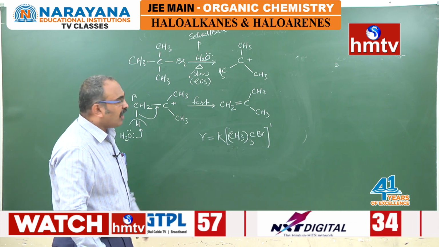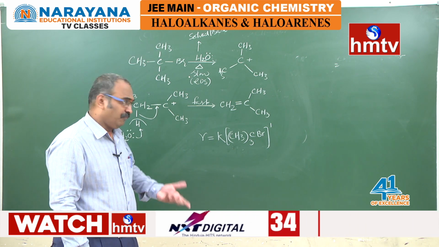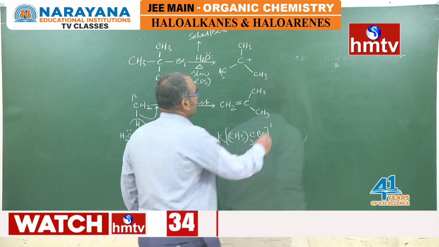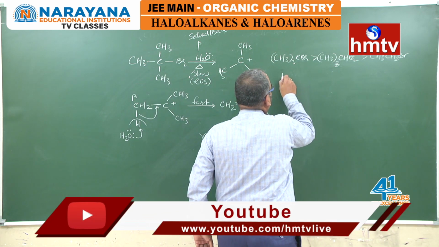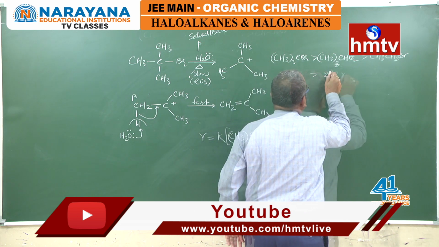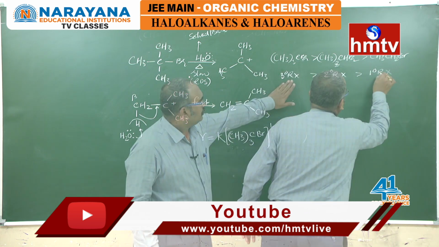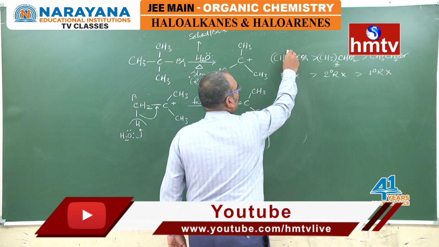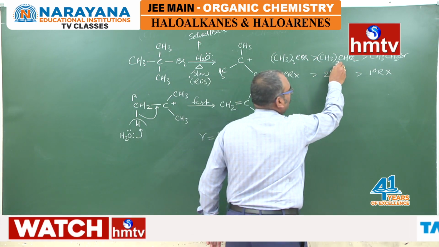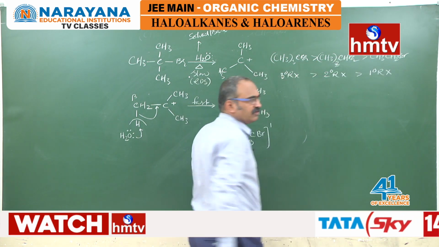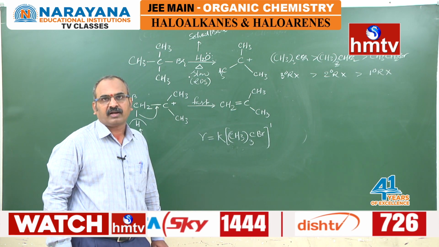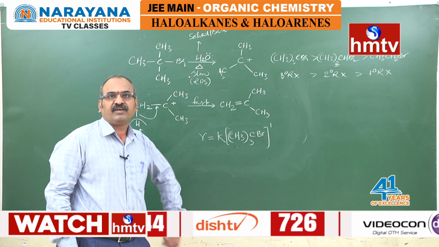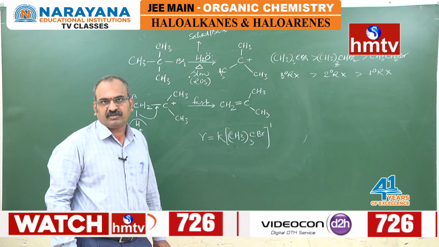Now, which alkyl halide is preferable for the E1 mechanism? Tertiary alkyl halide is preferred over secondary alkyl halide, which is preferred over primary alkyl halide. So, this forms a more stable carbocation than this one, this forms a more stable carbocation than this one. So, any alkyl halide which forms a more stable carbocation is the best substrate for E1 elimination.